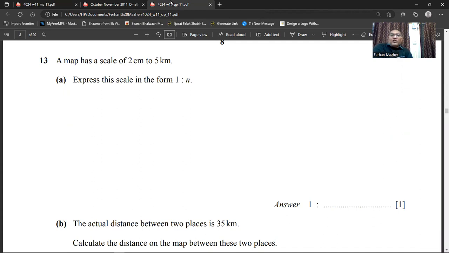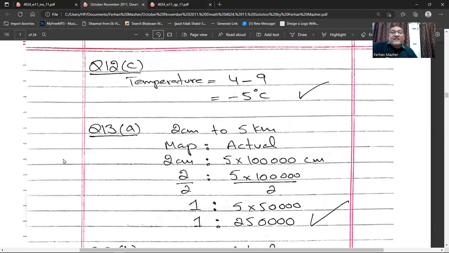So I will convert both of them into centimeters. Map is 2 centimeters, ratio 5 kilometers. In 1 kilometer, there are 100,000 centimeters. So 500,000 centimeters.